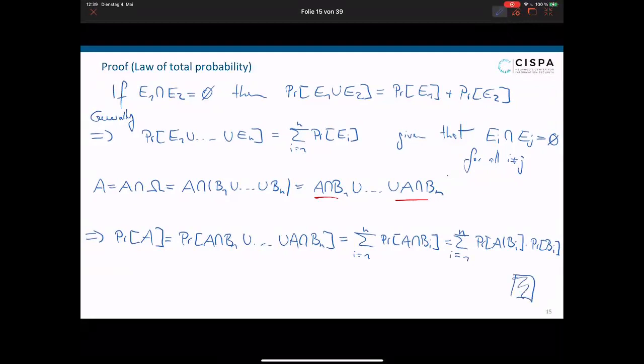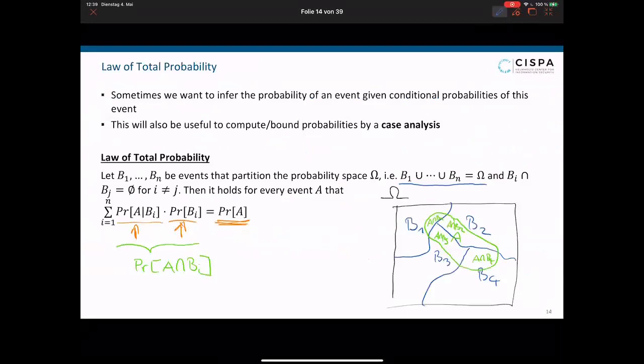And I think, in fact, this picture that we have here explains pretty well what's going on with the law of total probability. So this seems to be a trivial thing from a mathematical standpoint, but we'll see this will be incredibly useful when analyzing probabilities of events that have a complex description.